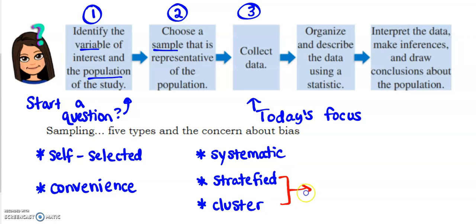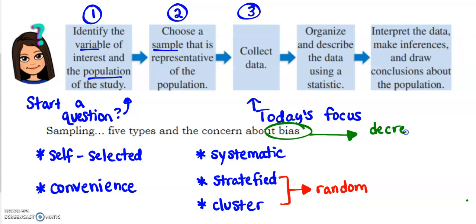I want to point out that these last 2 are the most random types of sampling, and if you want to avoid any bias in your sample, because really the heart of statistics comes in these first 2 steps, in how you set up your sample and how you collect your data, those are the ways that you are going to get the best statistical analysis and the most useful information. And so the key thing is to decrease bias.